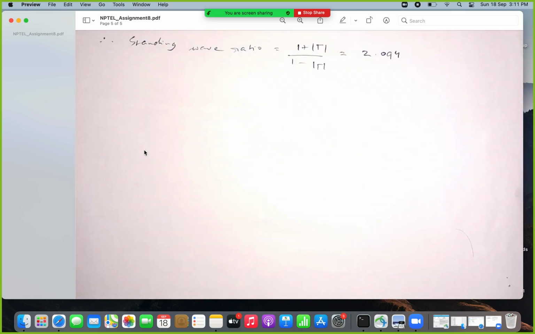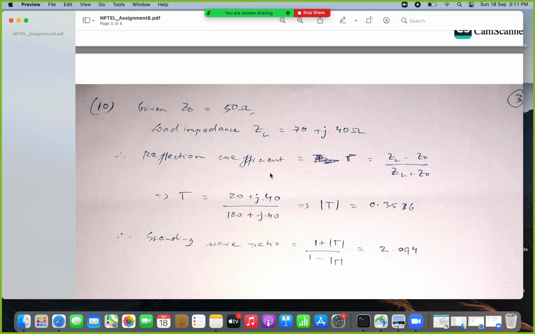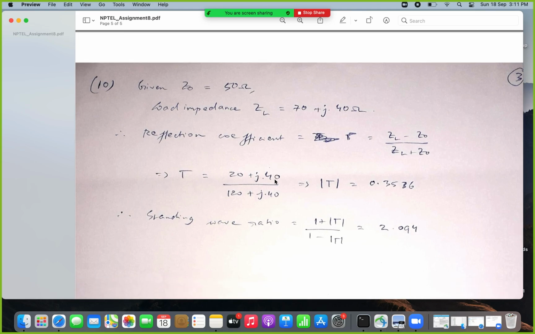So you know about reflection coefficient? Exactly.